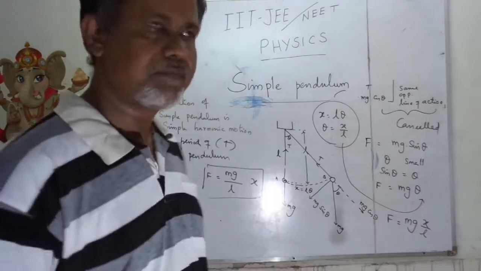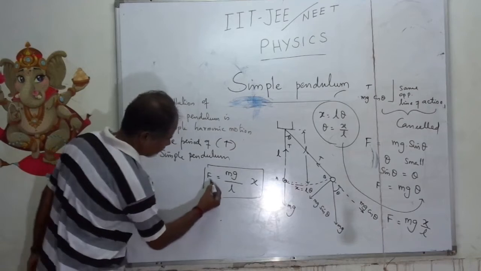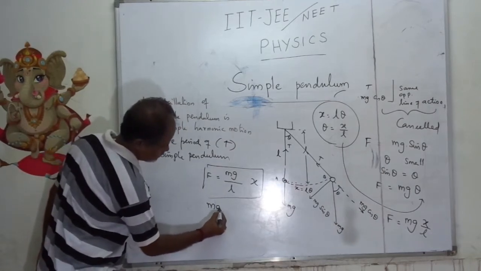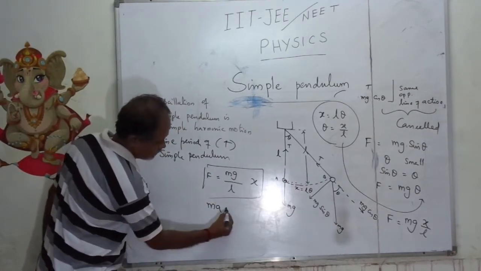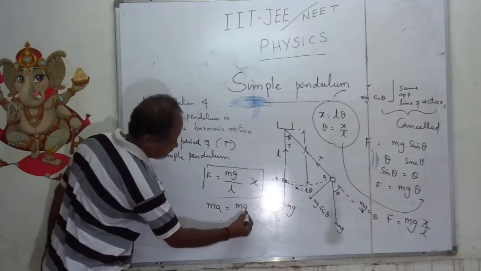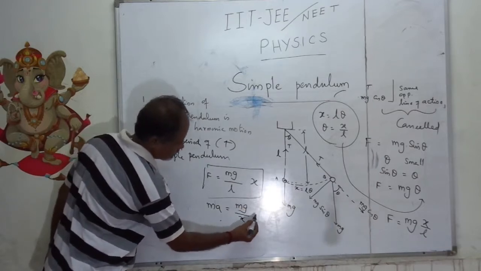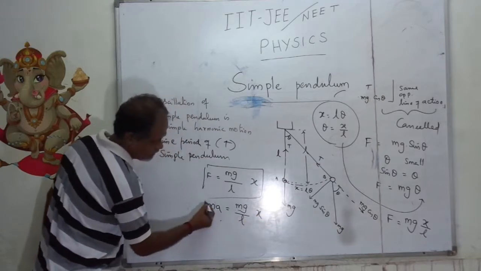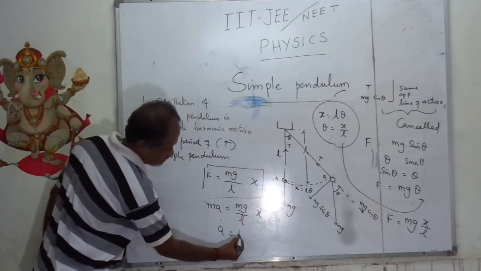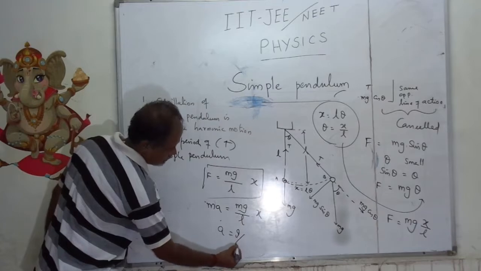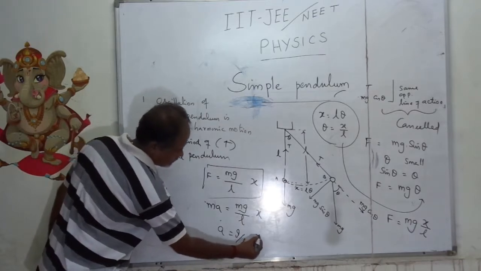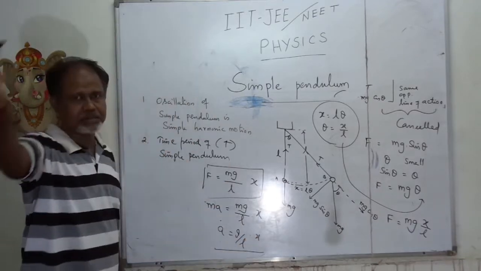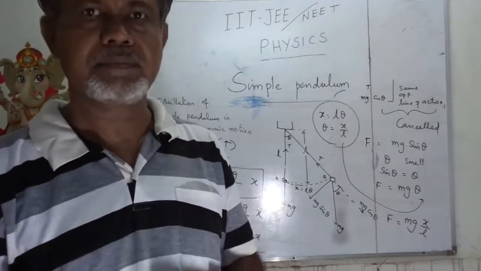What's F? F is nothing but ma. So ma equals mg by L into x. The m gets cancelled. a is equal to g by L into x. This is an acceleration.